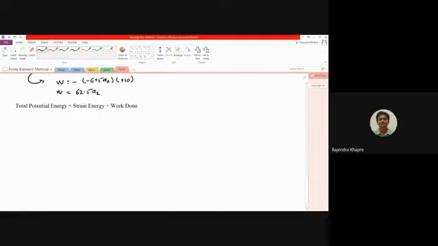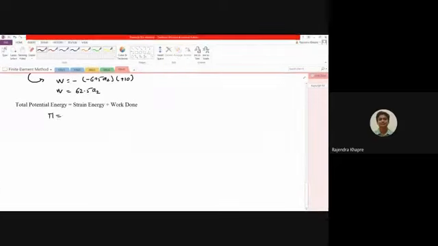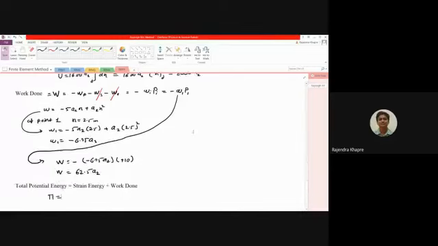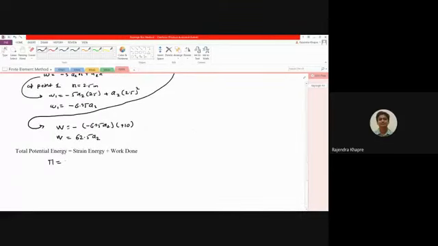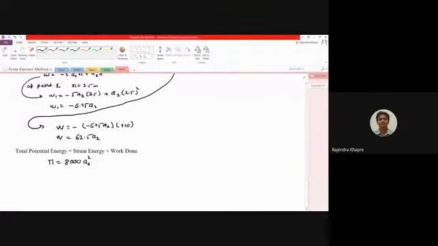So your pi will be, if you refer to the earlier portion, your total strain energy is 8000 into A2 square. Work done we have already taken care of the negative sign, so this is something like 62.5 times A2. This is the expression for the total potential energy.